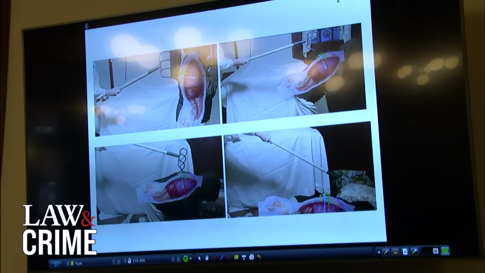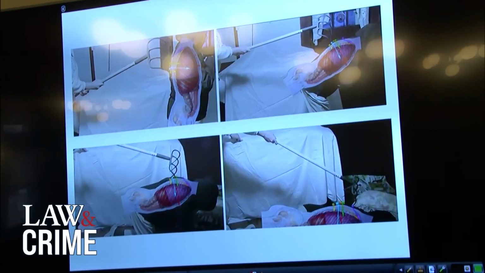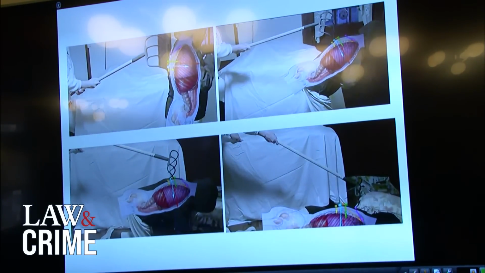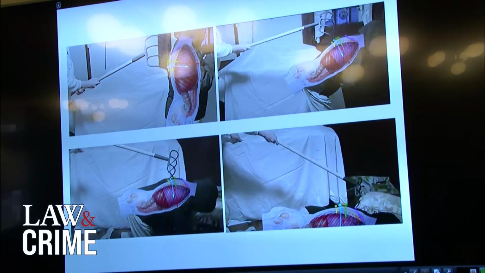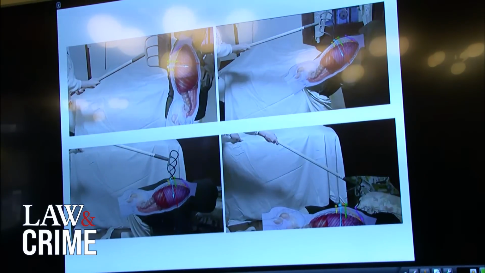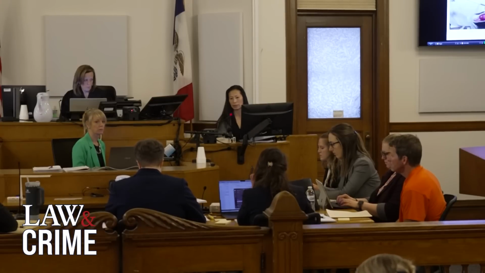And can you explain how? Similarly as the other diagrams do, this is essentially showing an overhead swing, and in various positions, from erect to bending over to lying on the ground, the rake entry of the tines doesn't match the physical evidence, being the wound trajectories.